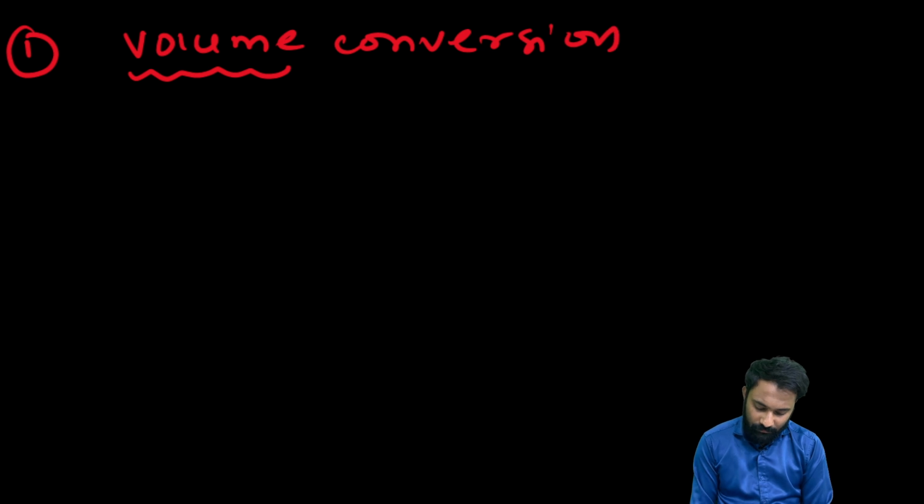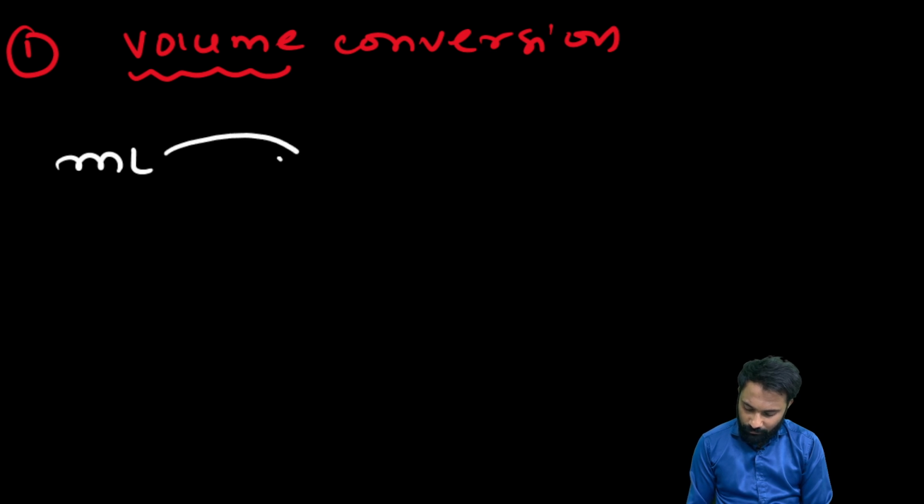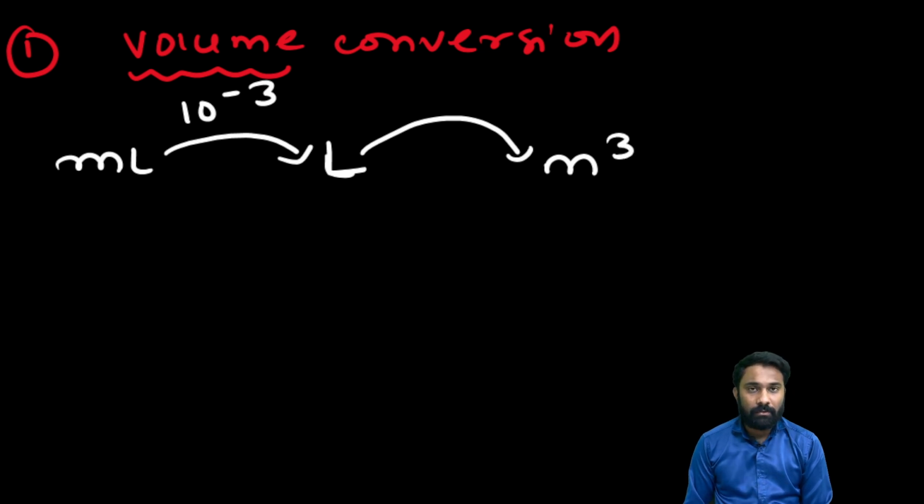In the volume conversions, first is the ml. If you go from ml to liter, it will become 10 to the power minus 3, that we know. And from liter to cubic meter, again it will become 10 to the power minus 3.